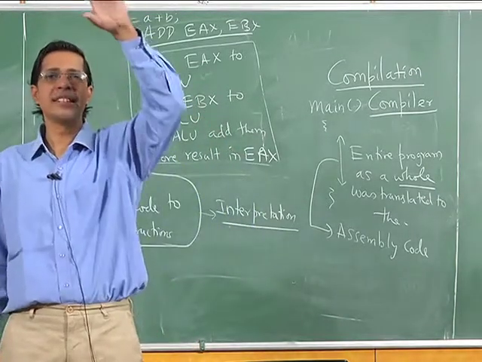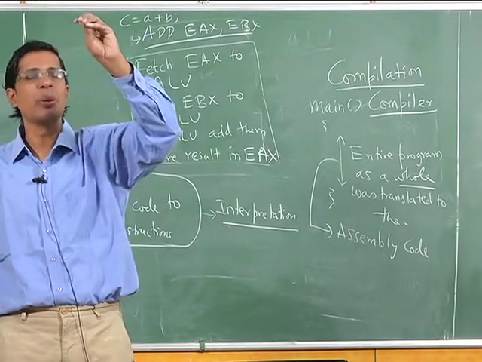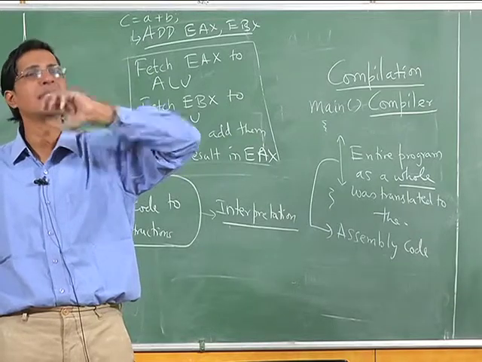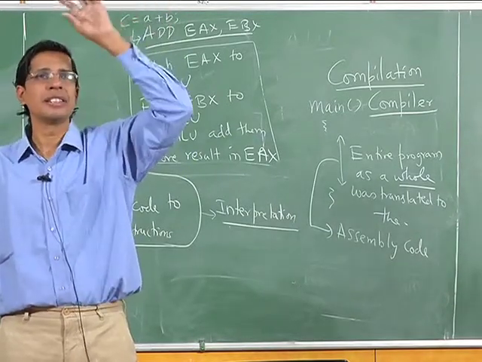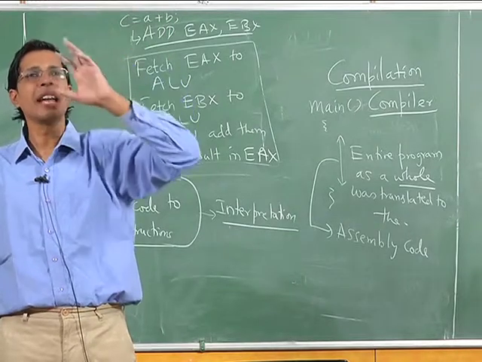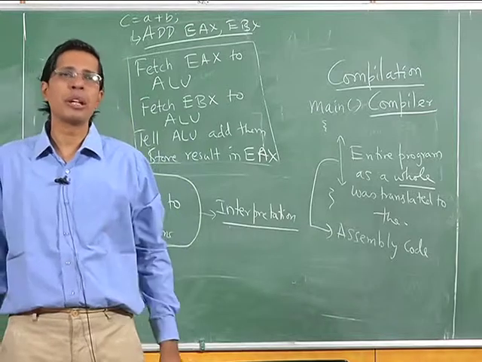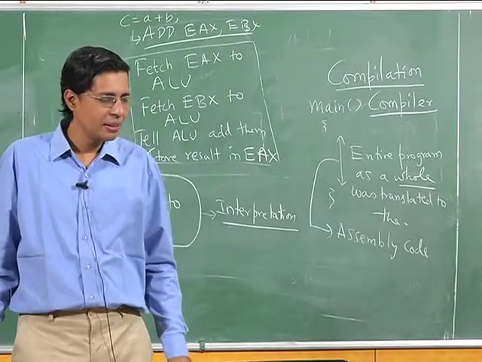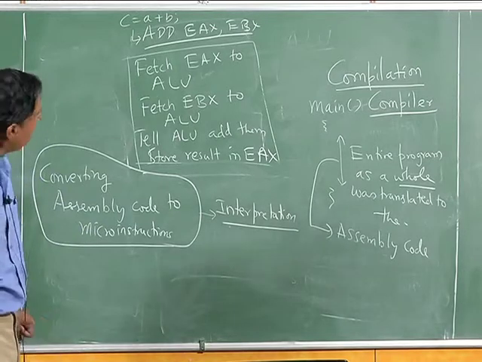The first is the C program getting converted to assembly code, and then the assembly code getting converted to micro instruction. The first translation is called compilation and it is done by a compiler, and the second translation is interpretation and it is done by the micro architecture or the hardware. I hope I have made this very clear. Right.